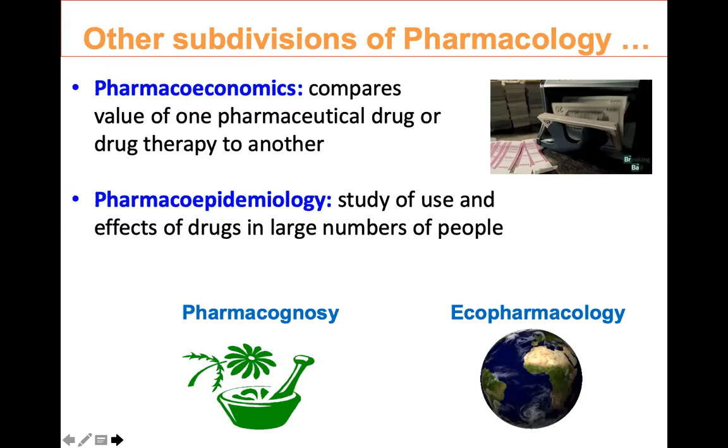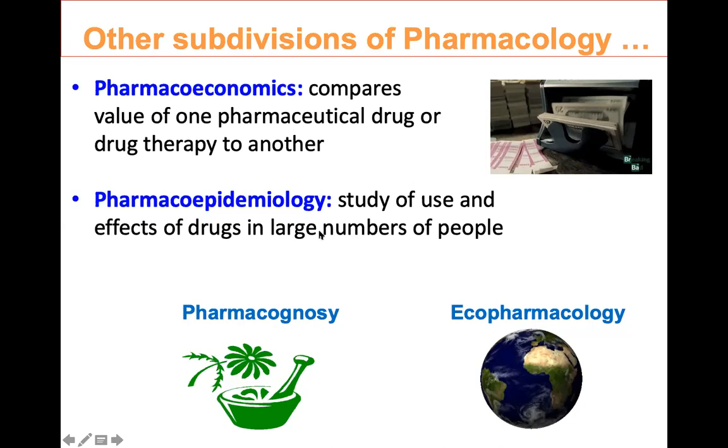We should know which drug is more effective, and then we should also know which drug is more cost-effective. So this branch compares which is cheaper and which is costlier. We have to prefer the cheaper and cost-effective therapy. That comes under pharmacoeconomics.